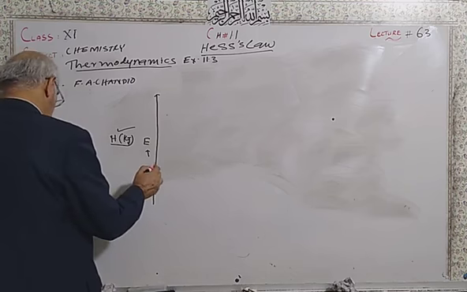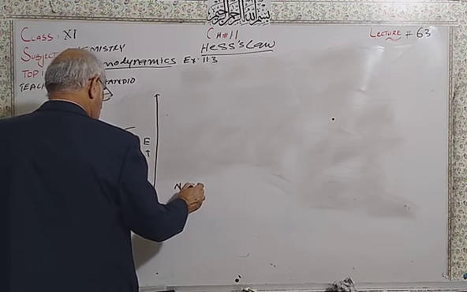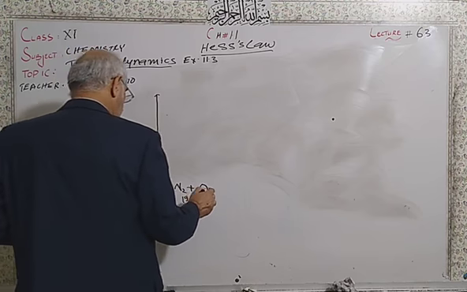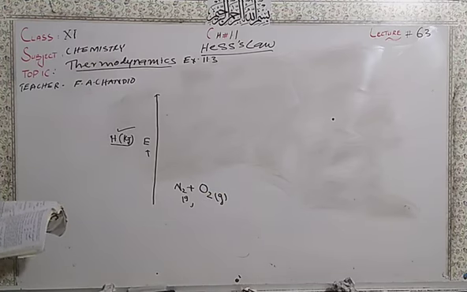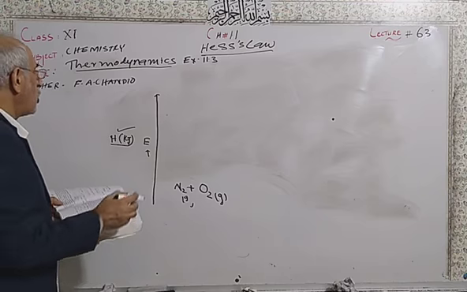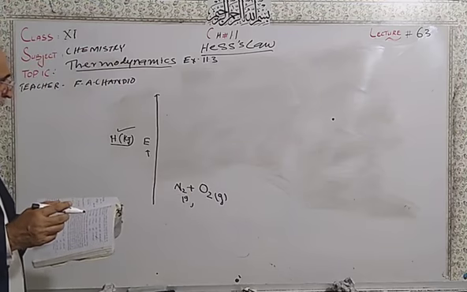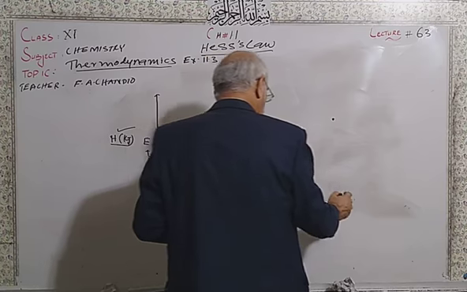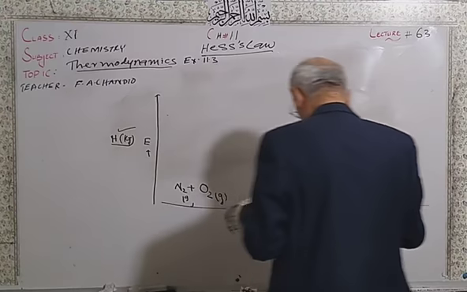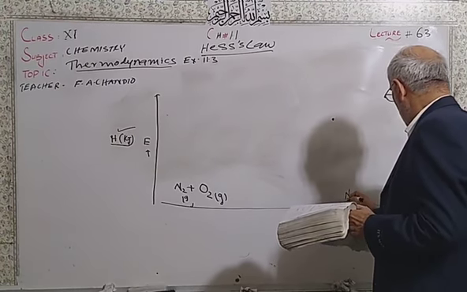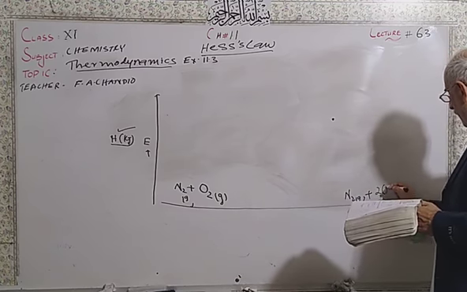In the energy cycle, you have nitrogen gas plus oxygen gas. Now students, when nitrogen and oxygen gases combine in one step to give us 2 moles of nitric oxide, we show one line. This is 1 mole of nitrogen gas plus 2 moles of oxygen gas.